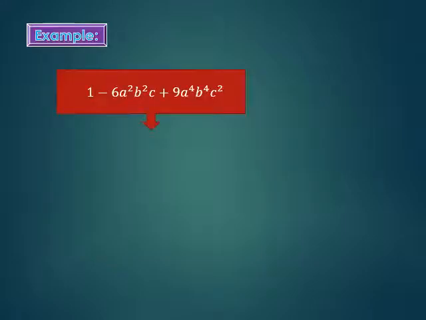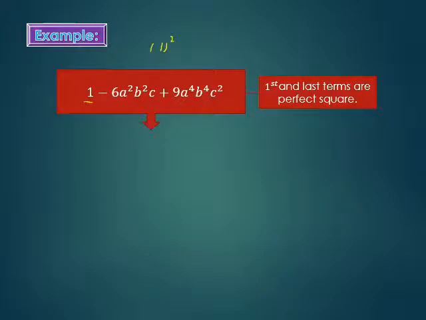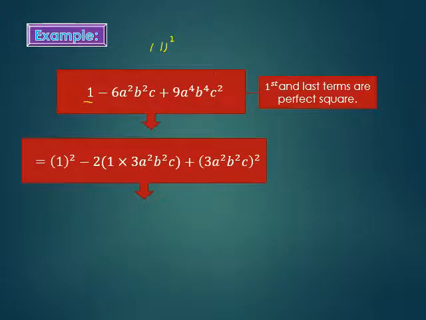Next example. 1 minus 6a square b square c plus 9a4 b4 c square. The first term, that is 1, is the complete square of 1, because 1 can be written as 1 square, and the last term is 9a4 b4 c square.